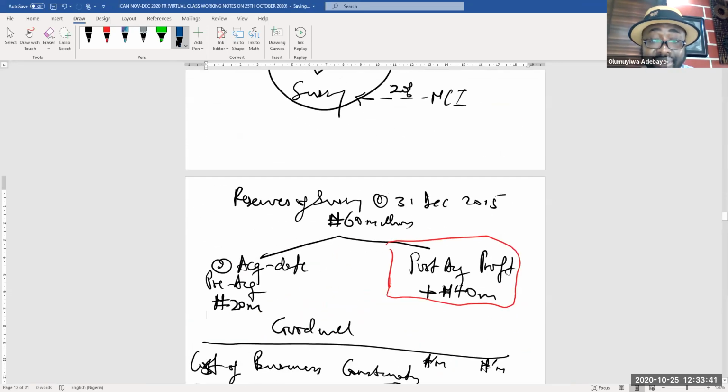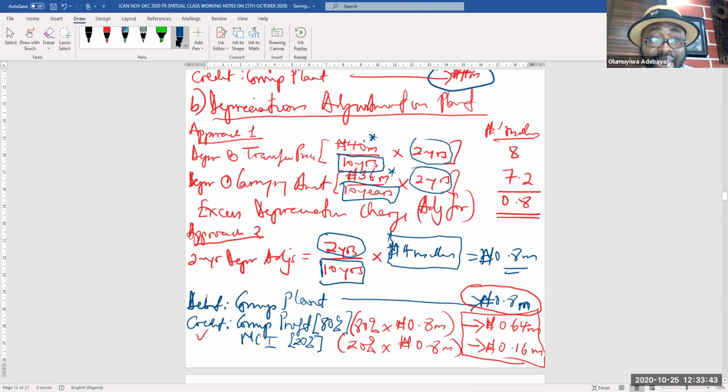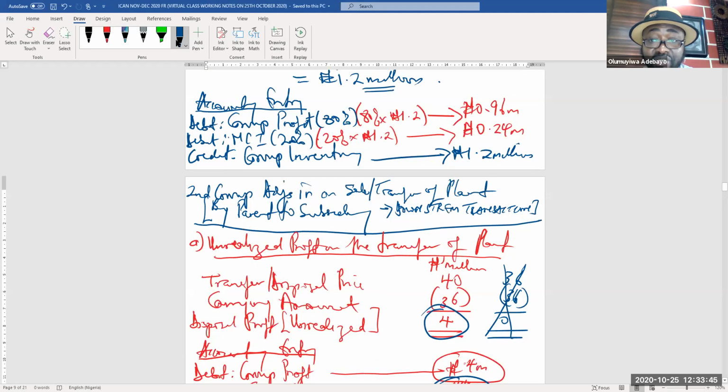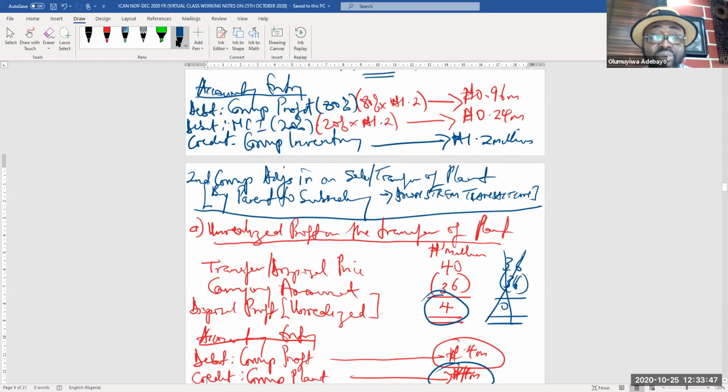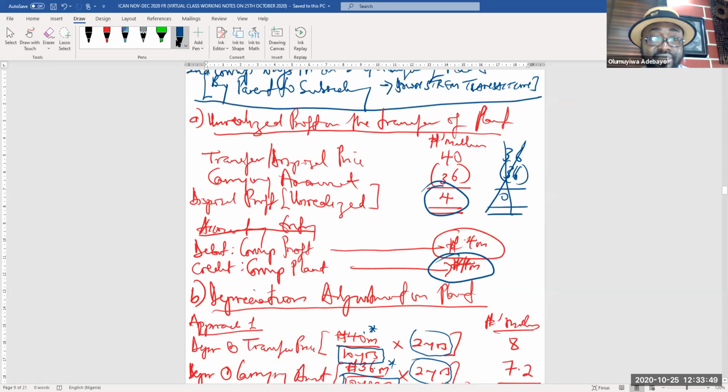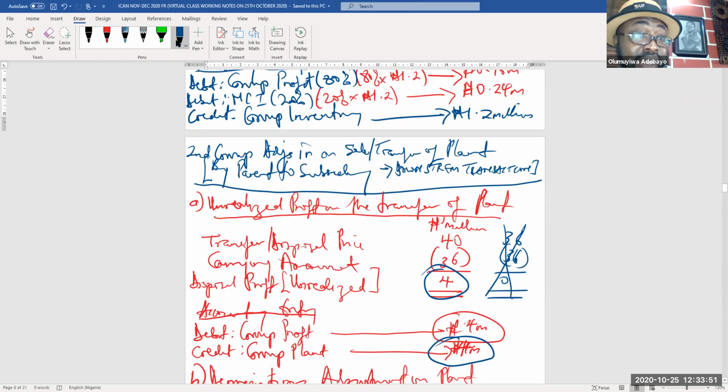Now, the second leg of adjustment is that we had intercompany transfer of assets. Again, who transferred in this case? I come back here, who transferred is not the parent.